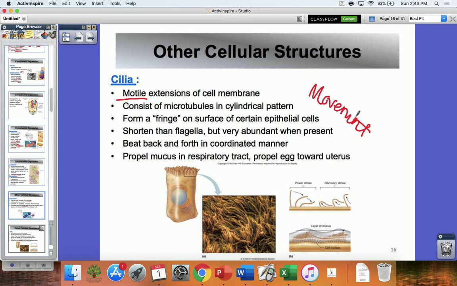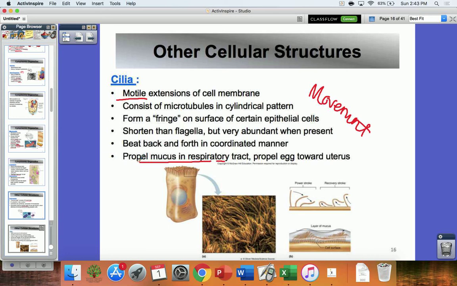For instance, to propel mucus in the respiratory tract. Whenever mucus collects or surrounds any type of dirt or debris, we want to get that out of the respiratory tract. And so we have cilia on the cells inside the respiratory tract.